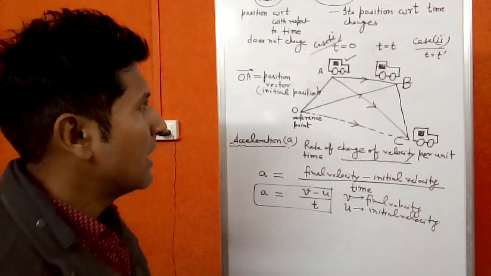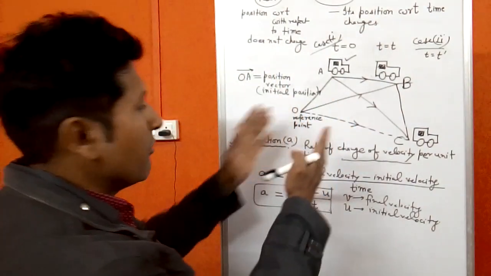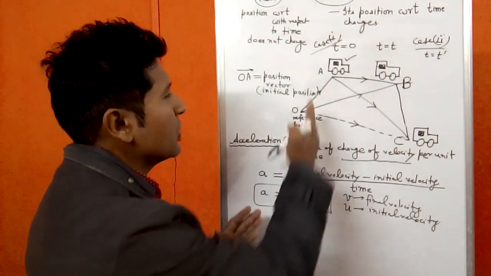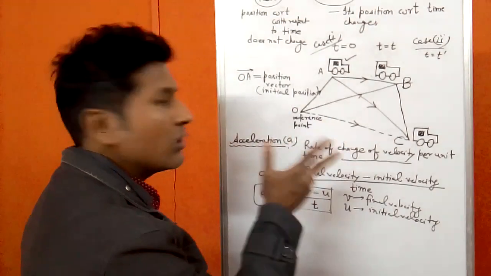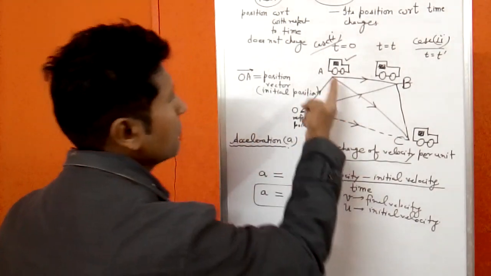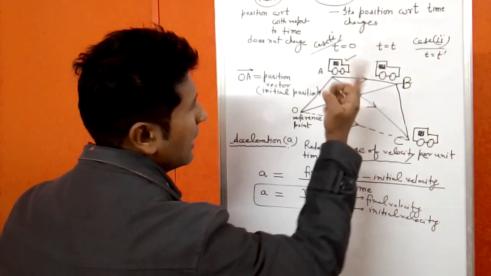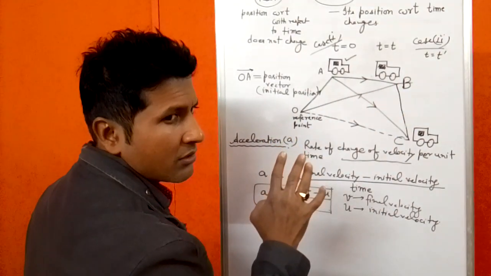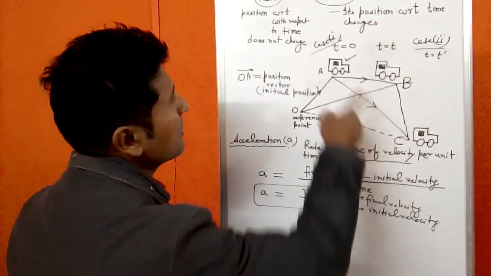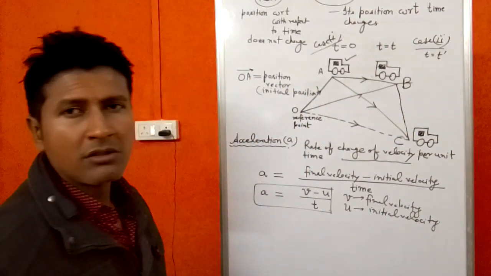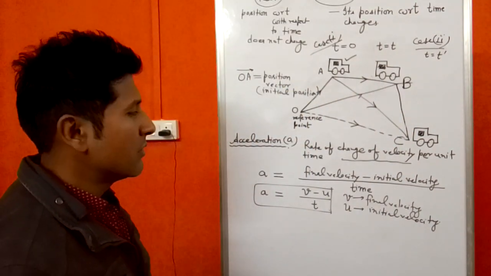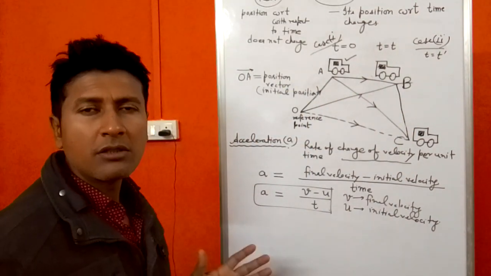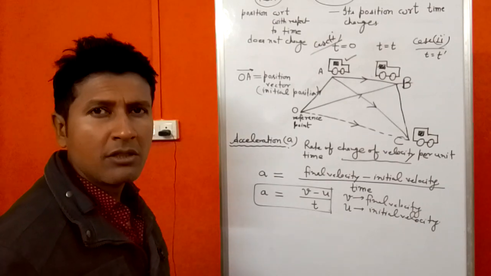Is the point clear? Now here in this figure we can calculate the acceleration of this particular body in two time intervals. First one was from here to here and second one from here to here, or else from here to here. It's up to us what we prefer.